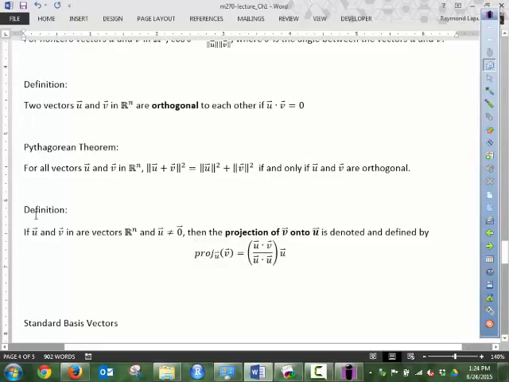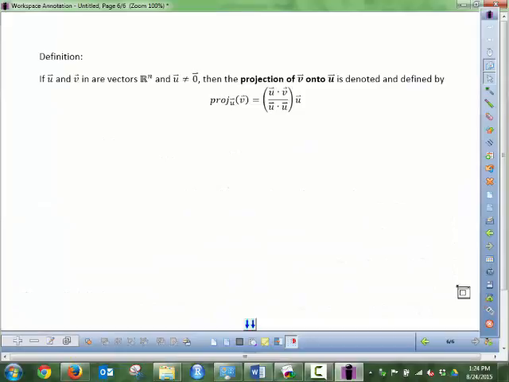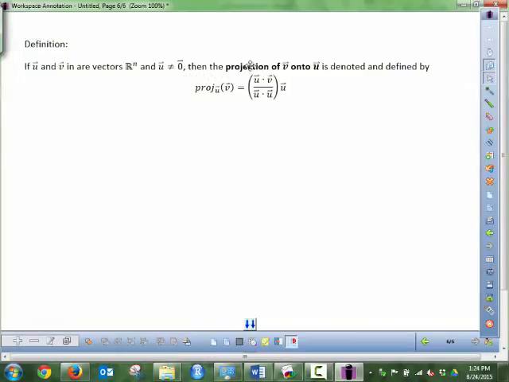Projection. Let's do a projection. All right, to discuss projection, I think it might be a good idea to visualize this. What does this mean? What does projection mean? So what we have here is a notation it's important to kind of parse through.